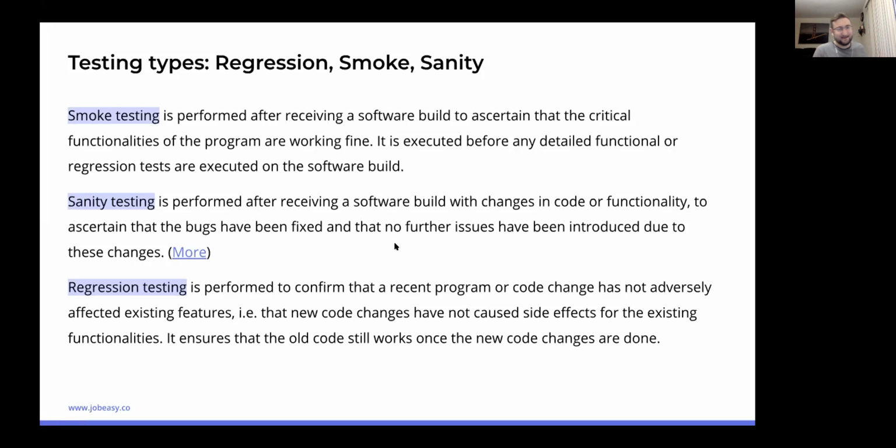Now, let's talk about sanity testing. Sanity testing is performed after receiving a software build with changes in code or functionality to make sure that the bugs have been fixed.